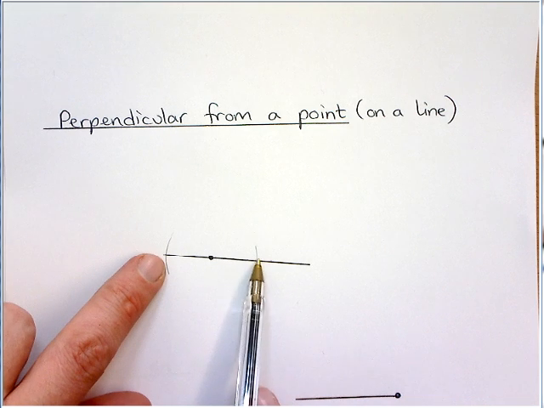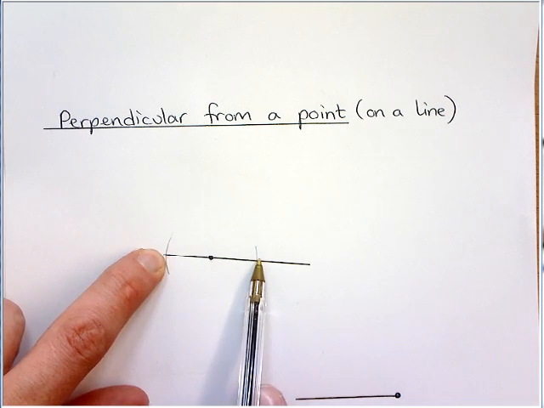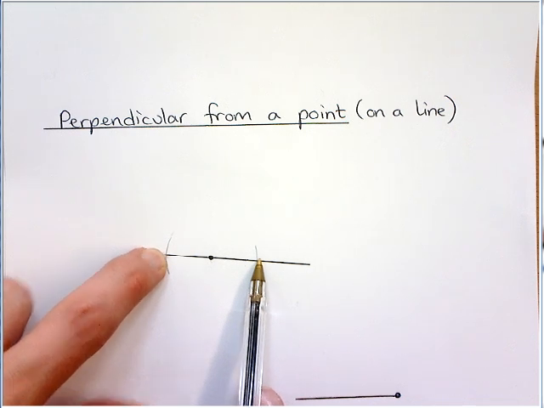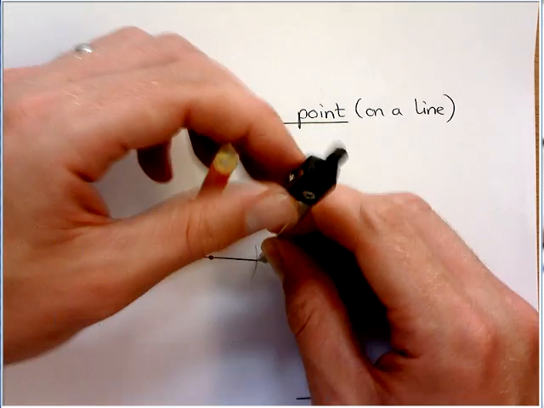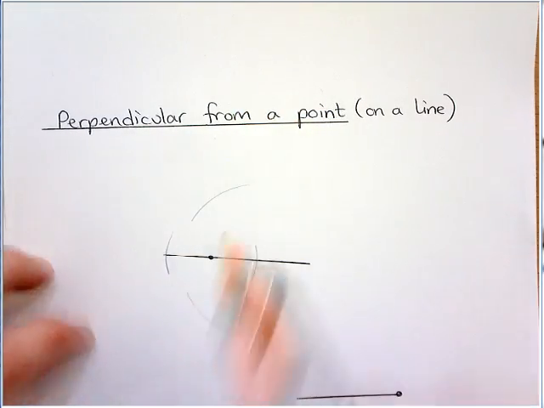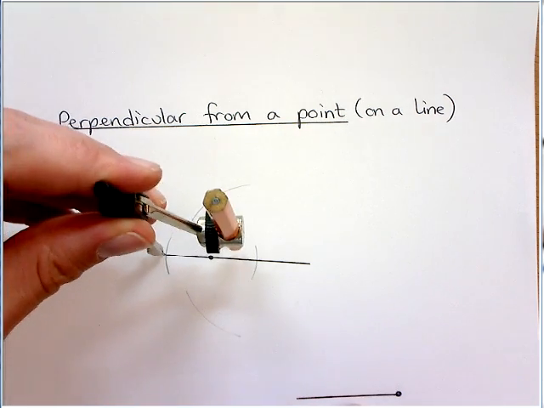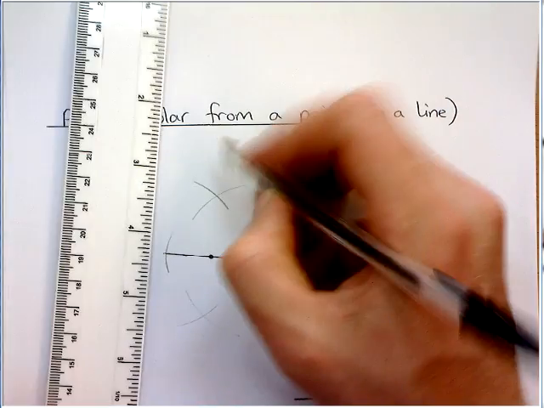Because I didn't change my compass, this point here is directly in the middle from these 2 points here. So I've now created exactly the same situation as before. Make it bigger than halfway, so they intersect, above and below, and join those up.